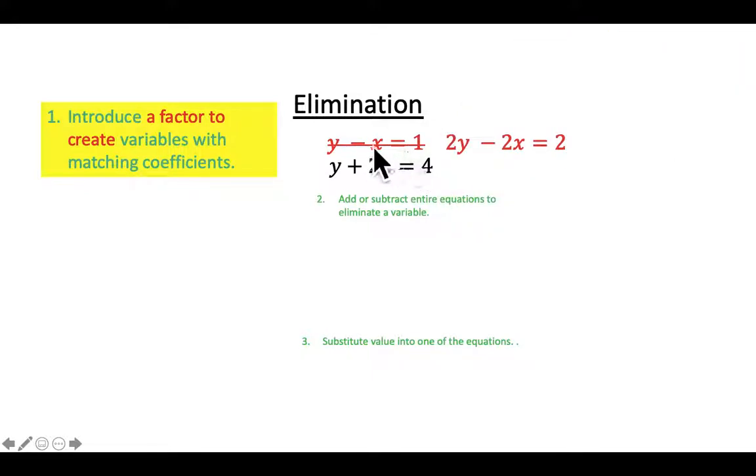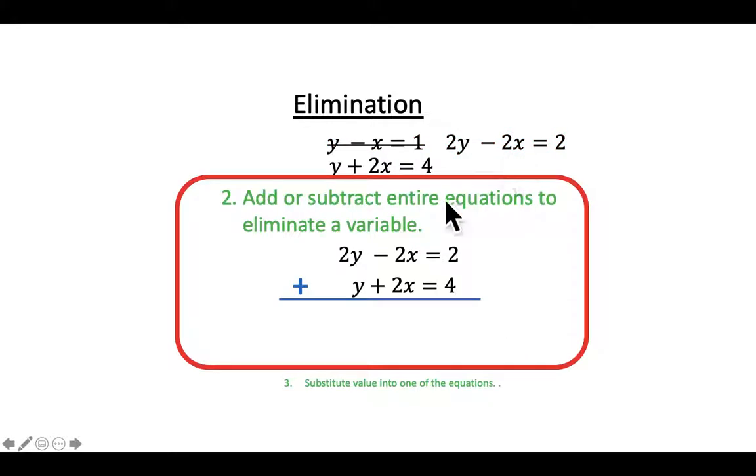So I'm going to just temporarily eliminate that one and focus on the new one that is the same equation. It simply has a factor of 2 added across all of the elements of the equation. But I can clearly add those two equations and eliminate the x variable now. So when I add these two, a negative 2x plus a positive 2x will mean I have no x term in the solution.